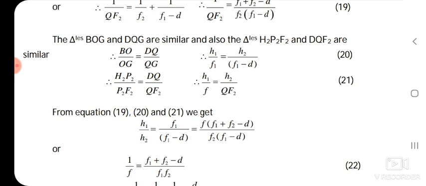Then, if you substitute the values of all quantities, it gives h1 by f1 is equal to h2 by QF2. So h1 by h2 is equal to f1 by QF2, and QF2 is nothing but f1 divided by (f1 minus d).